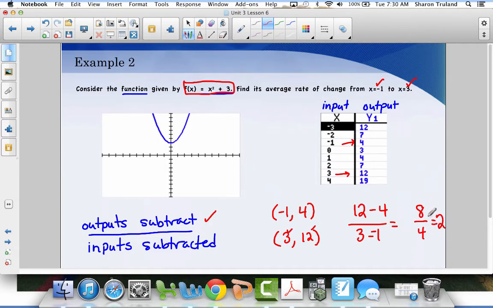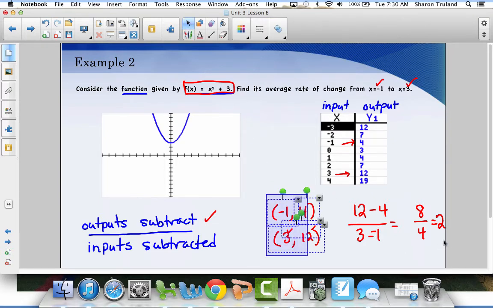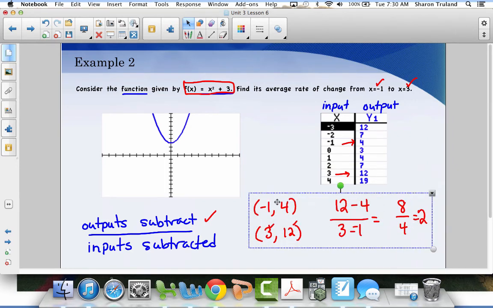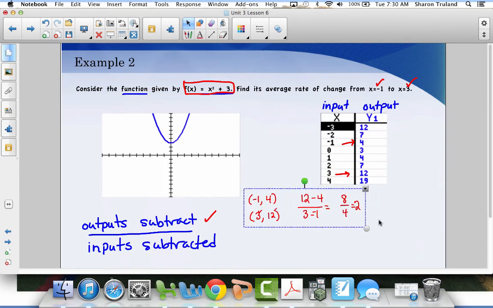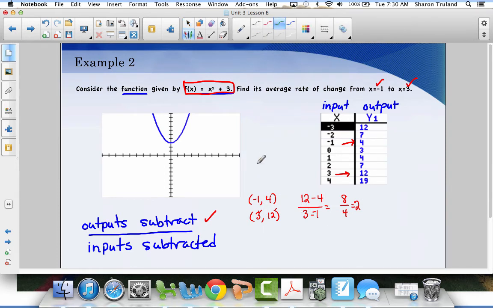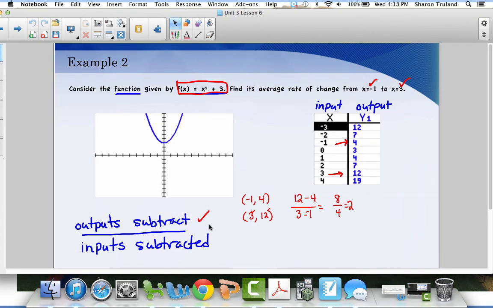So the average rate of change is 2 y values for every 1 x value. Now you may be asking, but Mrs. Trulin, I didn't want to do it that way. I wanted to do it a different way. I'm going to make that a little smaller so you can still see it, and I'm going to change my pen color so you can see it. What if I decided to use the points backwards? In other words, here I did 12 minus 4.